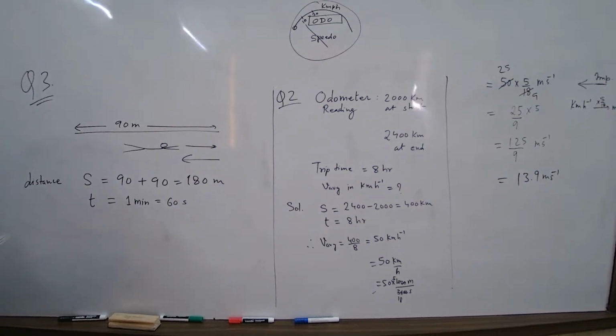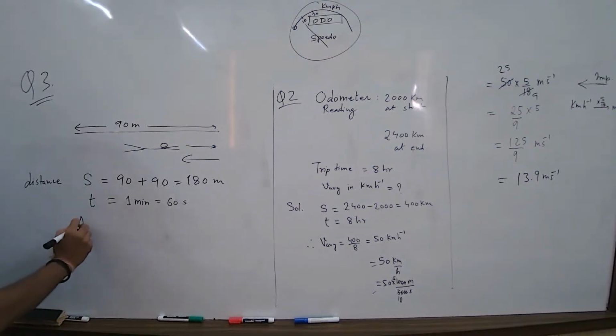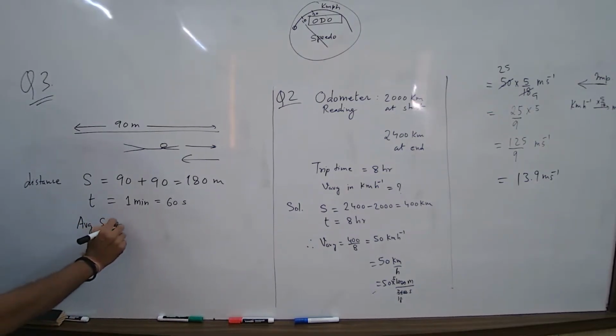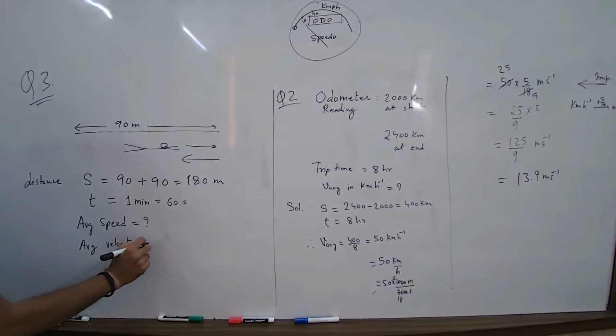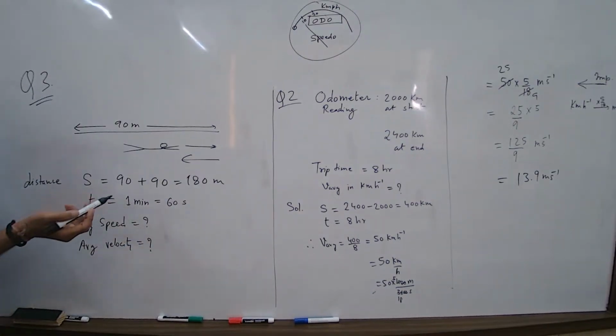She covers 180 meter in 1 minute by swimming from one end to the other and back along the same straight line. Find the average speed and average velocity of motion. So you have to find average speed equal to what, and average velocity equal to. For average speed you have to calculate distance, and for average velocity you have to calculate displacement.